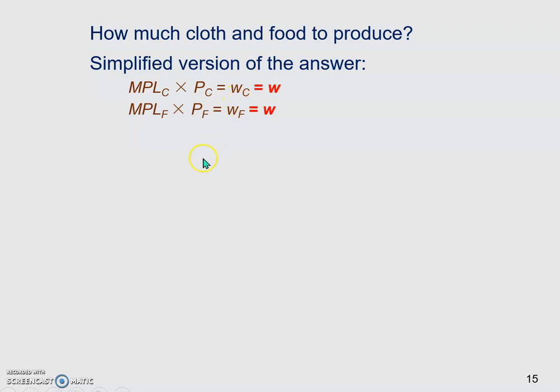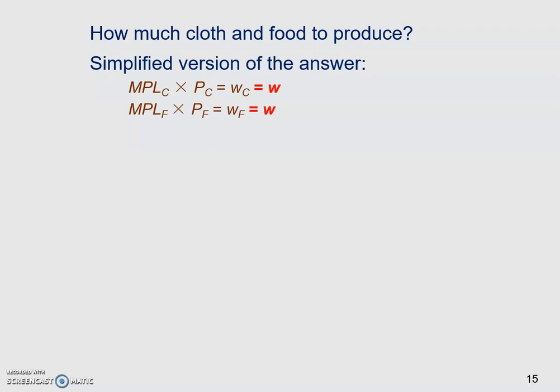Otherwise, we know the workers are going to leave the sector which offers a lower wage and join the sector which offers a higher wage, okay?